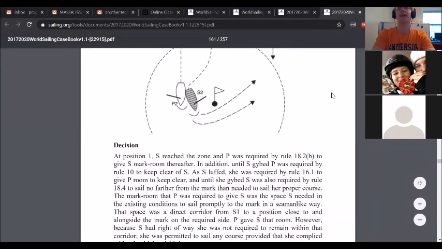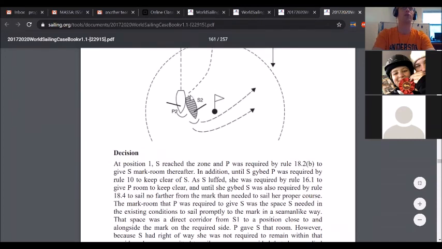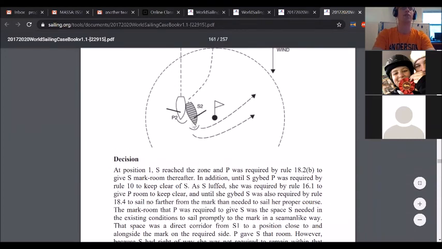So in that case, they would have found that this starboard boat had broken Rule 18.4, but not for this, where we have the right of way. So we're allowed to take it to make the rounding that we want to make.